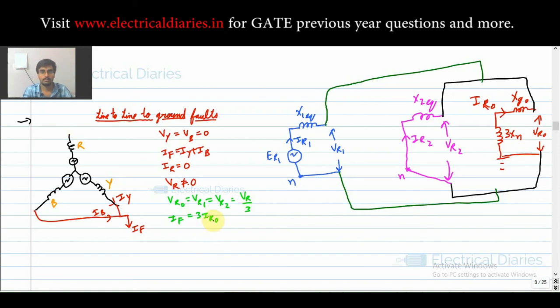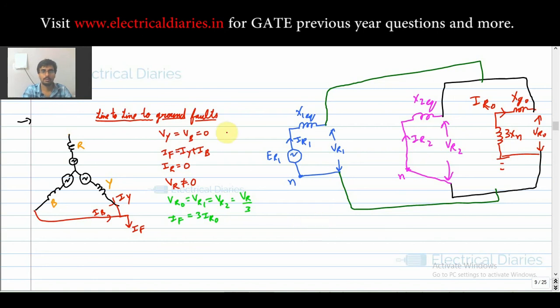You can easily find IR0 by using the current division rule. IR1 is entering these two branches, so you can use the current division rule, and always remember the directions as I have used in the circuit diagram.